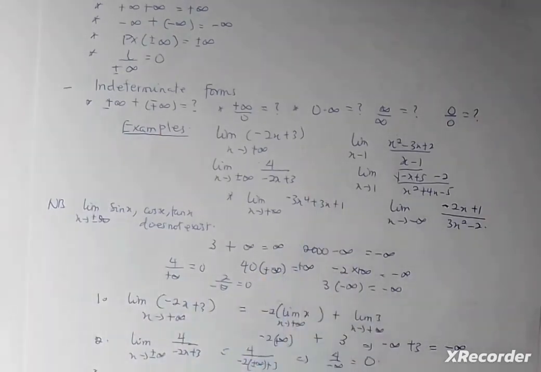Then finally, 0 times infinity. Can 0 nullify a whole infinity, something which we assume to be so huge that we can't specify it? No. So therefore, 0 times infinity is not determinable, so it's indeterminate. Then infinity over infinity. If you have infinity over infinity, will it cancel out to give you 1?